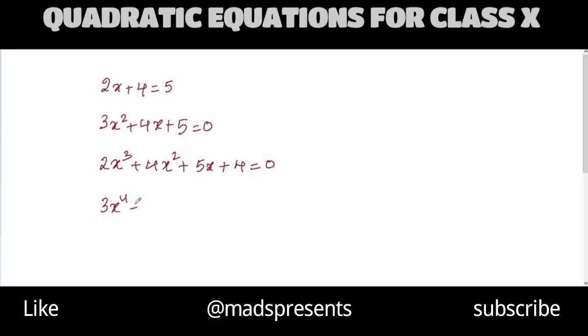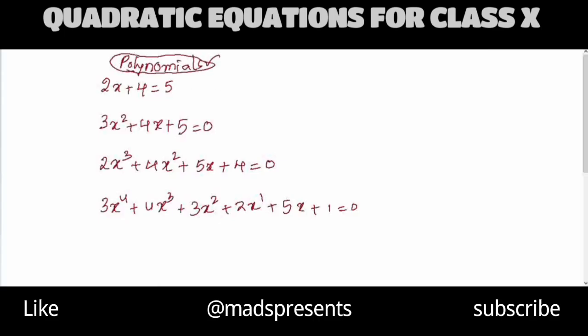Then 3x to the power of 4 plus 4x to the power of 3 plus 3x to the power of 2 plus 2x to the power of 1 plus 5x plus 1 is equal to 0. All these are polynomials, but these polynomials also have specific names.